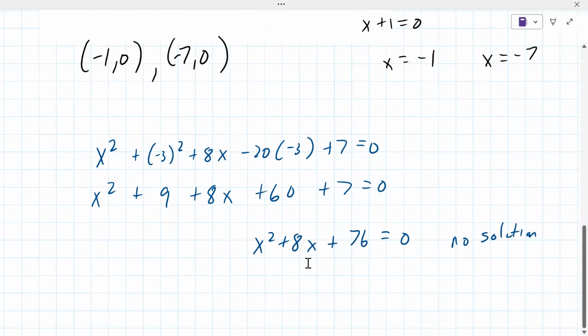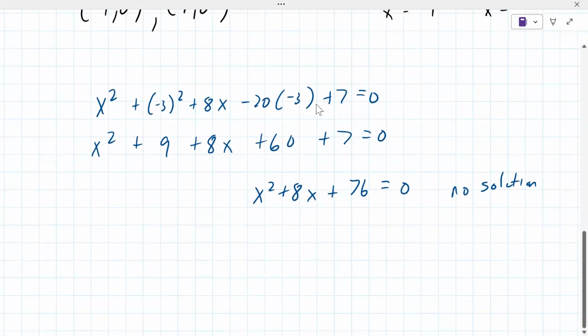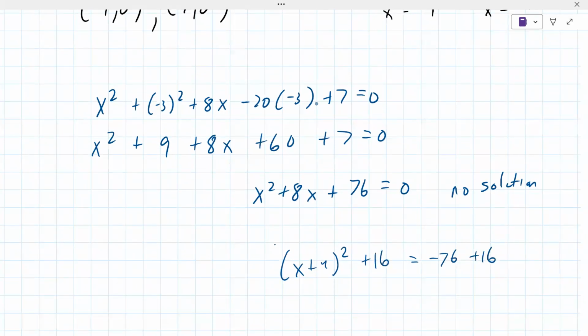This is even worse because completing the square here would end up being x plus 4 squared, and you would end up adding 16 to both sides. And that's where you run into problems because it's the square root of a negative number. The other thing I kind of look for is where's the y-intercept? The y-intercept's way up here at 76. It'd have to really come down pretty far to get to that.